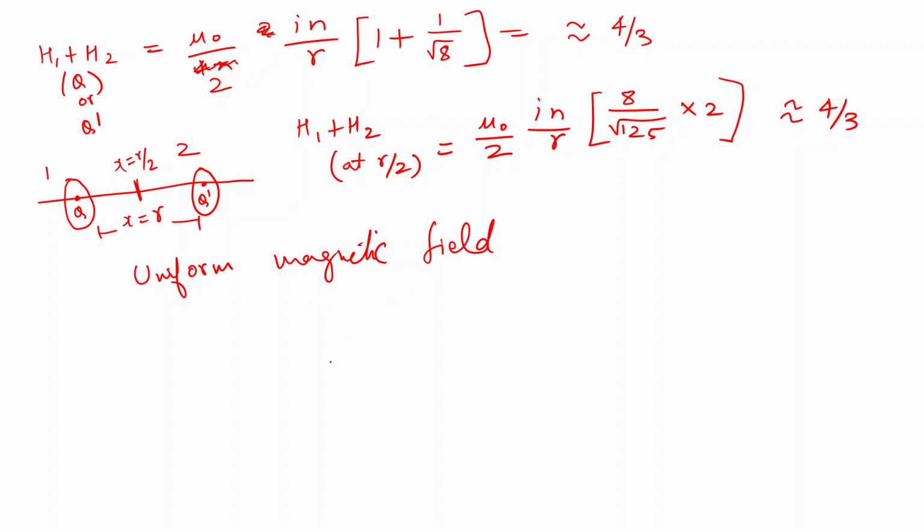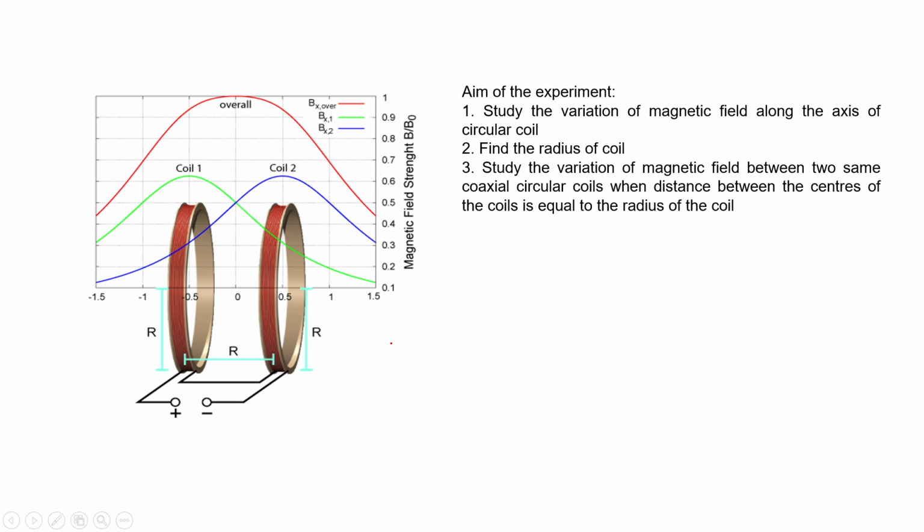And if I show you how the magnetic field varies, it is like this. Because of only coil 1, since it's inversely proportional to the distance, it decreases with x.